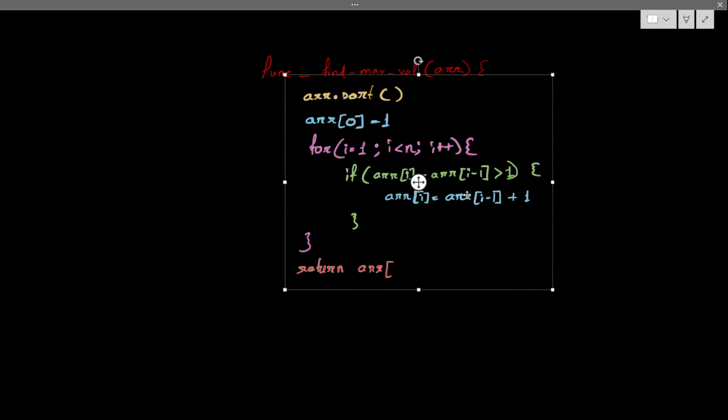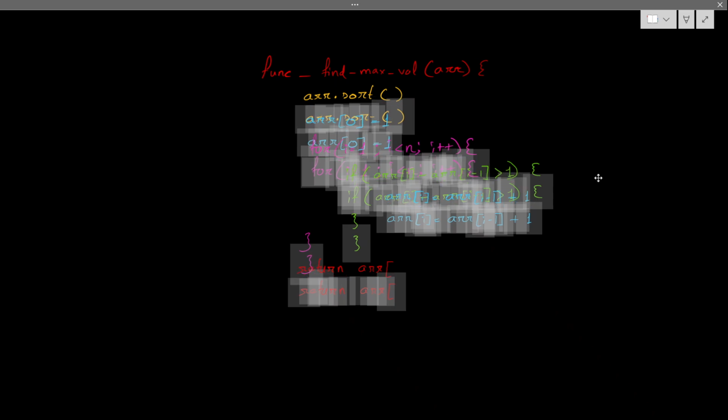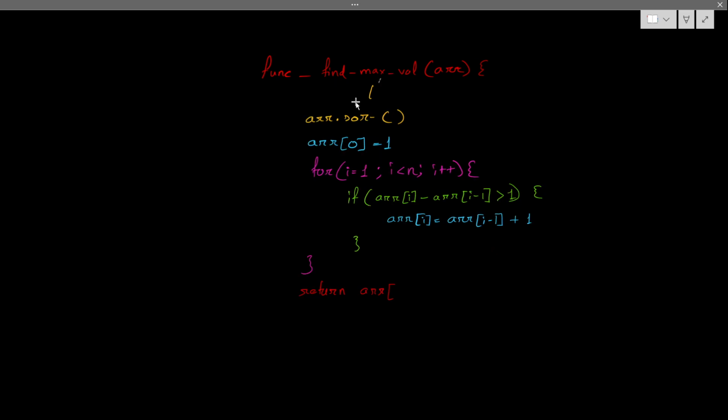So n is nothing but the length of arr, arr.length. So I will return the last element, n minus 1. Very simple problem it is.